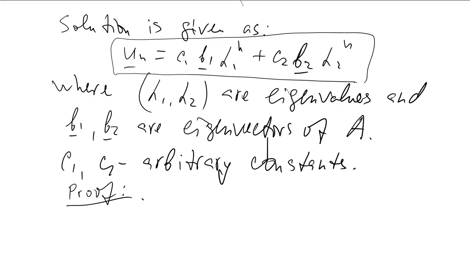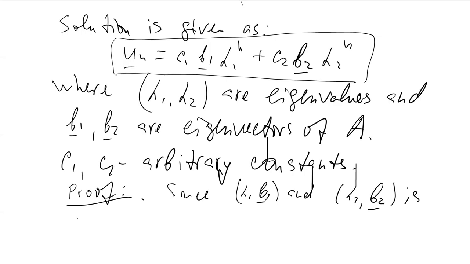Now, since lambda 1, b1, and lambda 2, b2 are eigensolutions for matrix A, we have A times b1 equals lambda 1 b1, A times b2 equals lambda 2 b2. So this is from the definition of eigensolution.